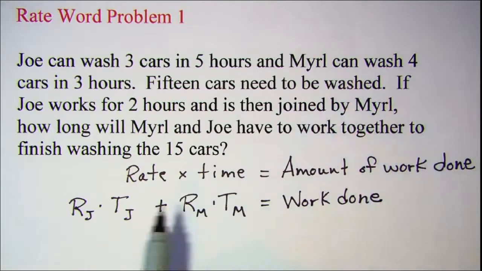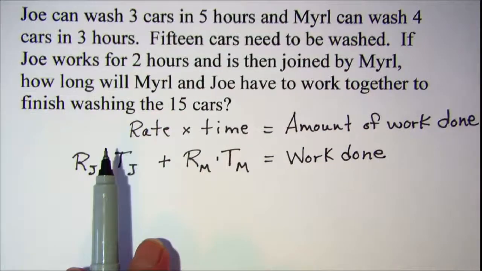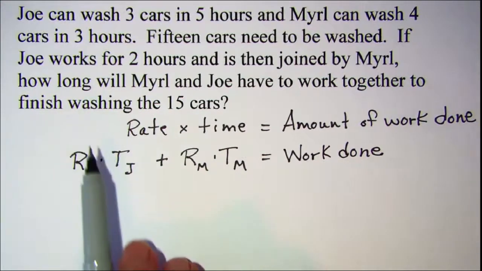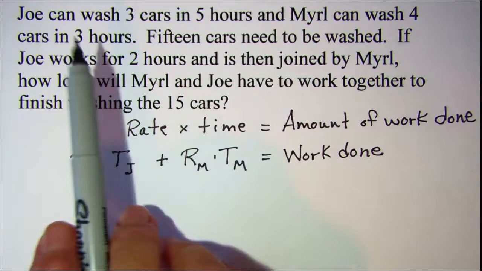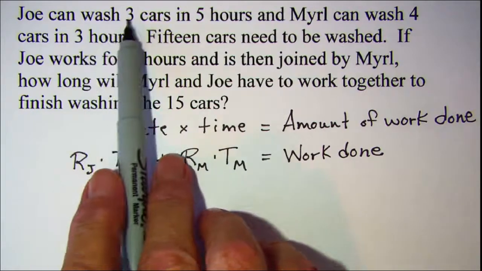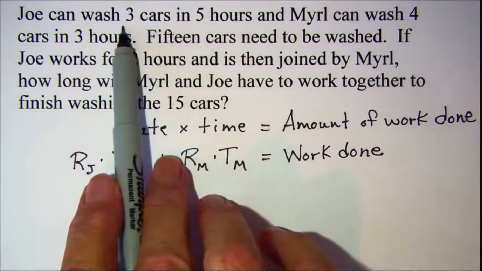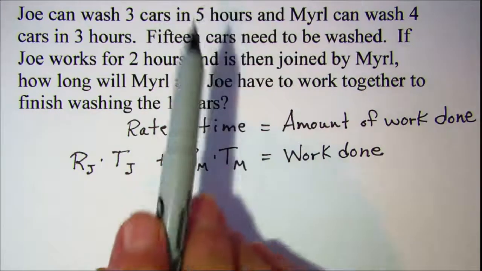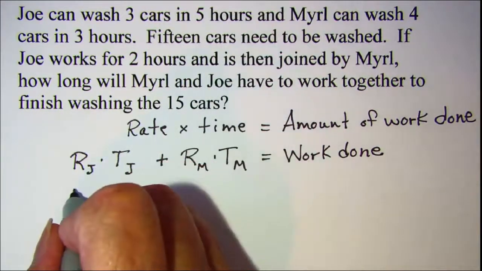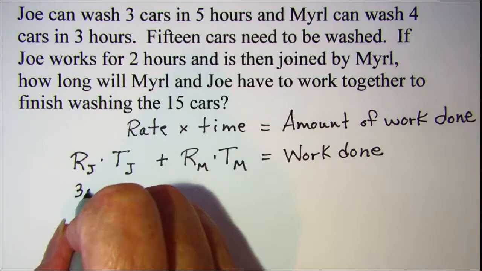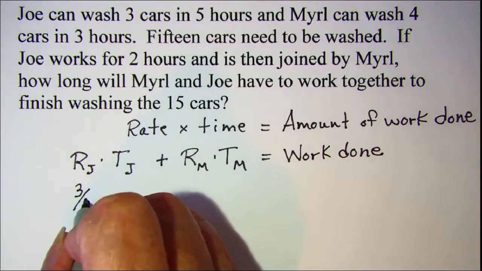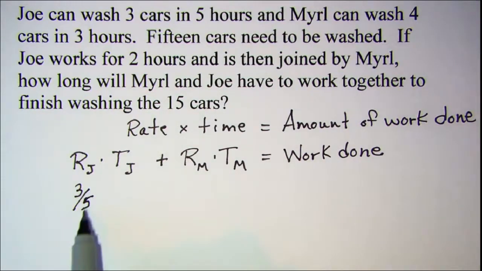All right, now let's read our problem and see what we can find to fill into our equation. Joe can wash 3 cars in 5 hours. This gives us Joe's rate, and we can just show it as 3 cars in 5 hours. So technically this is 3/5 of a car per hour.